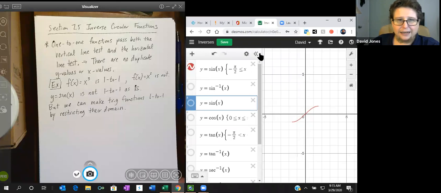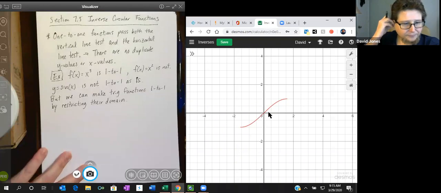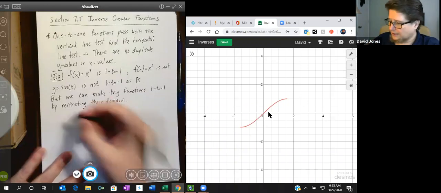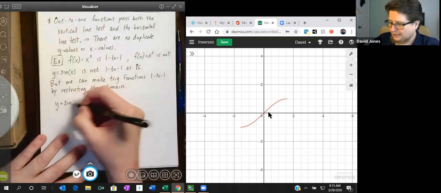And now if we look at it, my y values don't repeat. So this is y equals sine inverse x. Let me put it in the notes. We've got y equals sine x.